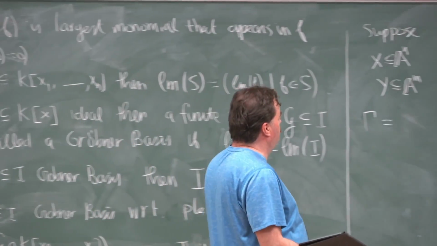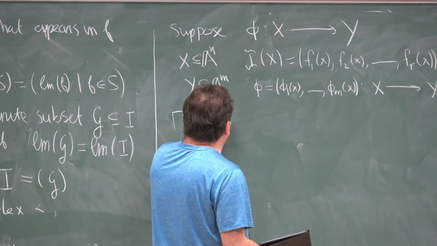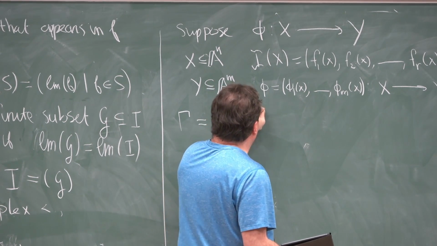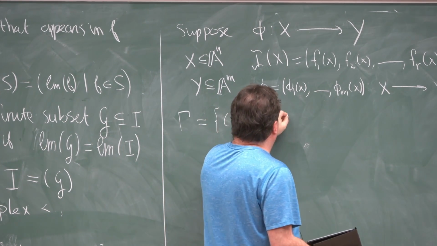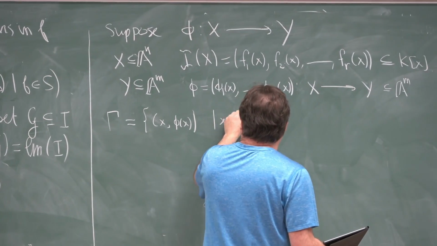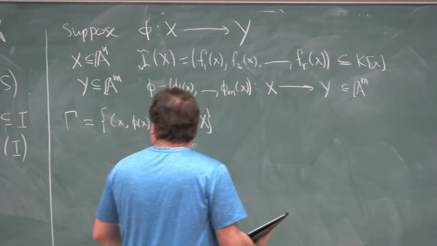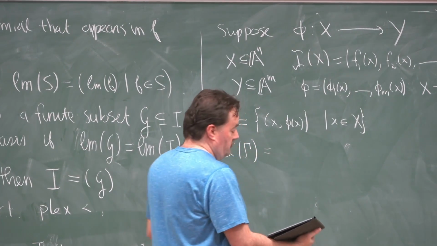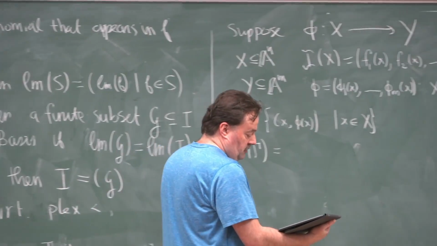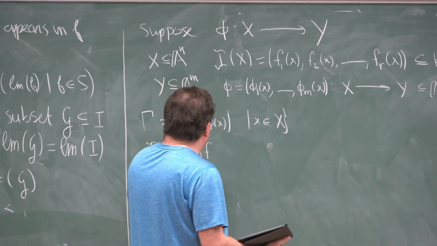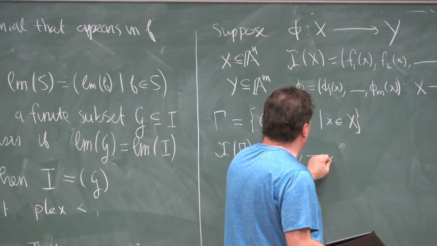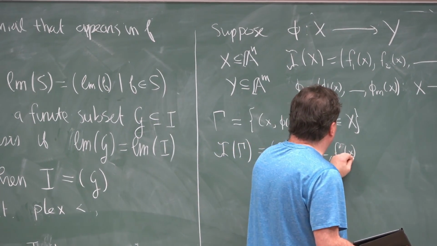What is this graph? So this is the set of all (x, phi(x)), right, where x lies in X. And the vanishing ideal of this graph is, first this x has to lie in X, so we get these equations f_1(x) up to f_r(x).